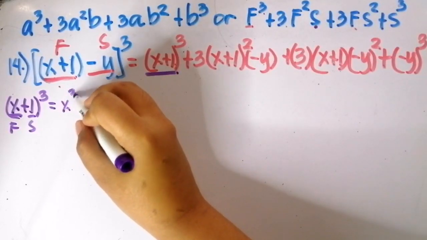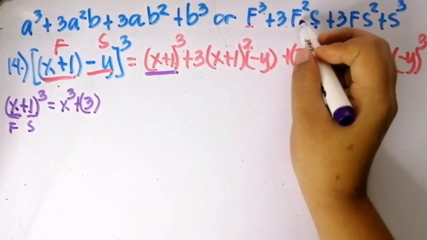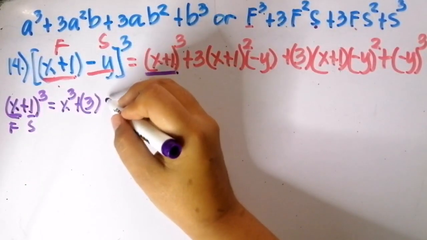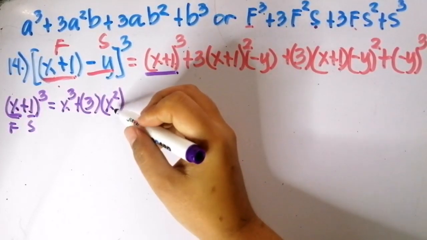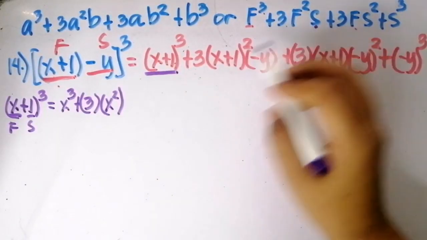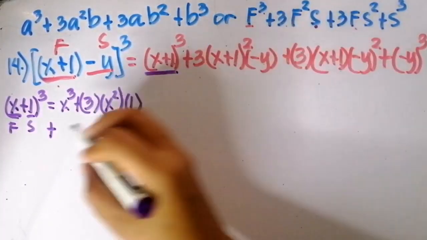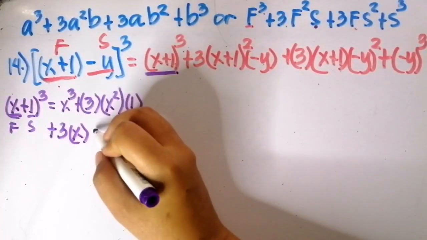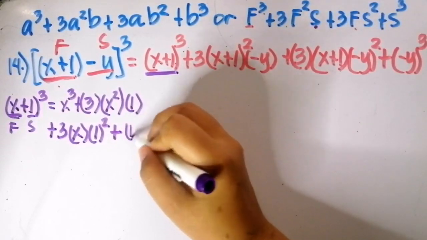x raised to the power of 3 plus 3 times first term squared. So, x times x equals x squared. Shortcut na yung ginagawa ko, ha. Then, times second term, that is positive 1. Plus 3 times first term x times second term squared, 1 squared, plus second term cube.